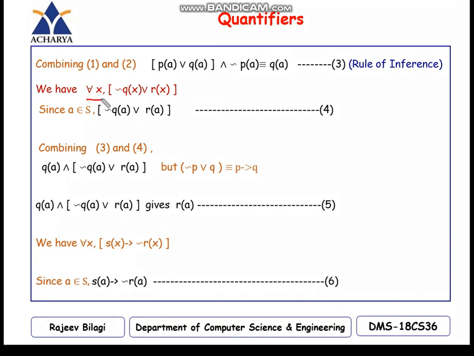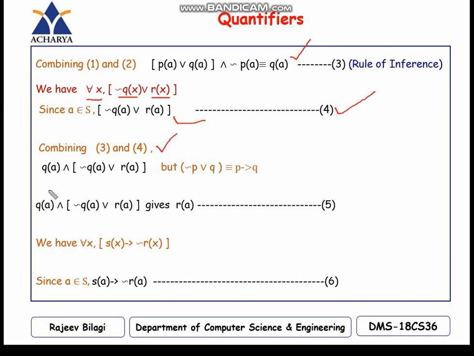For all x, negation of Q of x or R of x means I can write it for some value A of x. Now the resultant of these two is Q of A, and the operation with this I will perform. This is 3 and 4.